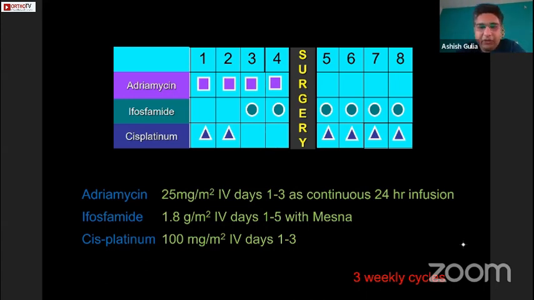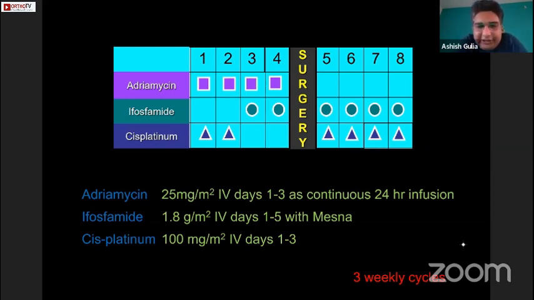But if you do not have the facilities or infrastructure to give proper high dose methotrexate, then please don't attempt it, because giving low dose will be inferior to this non-methotrexate based combination.